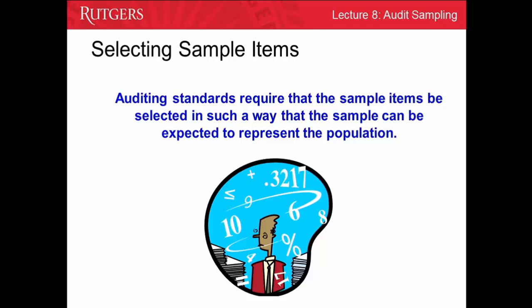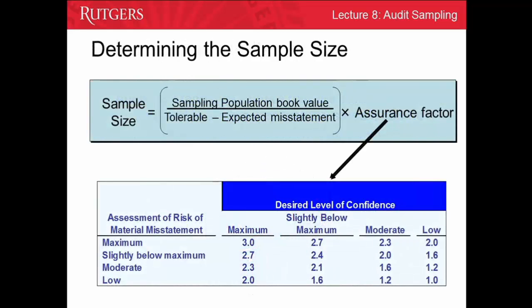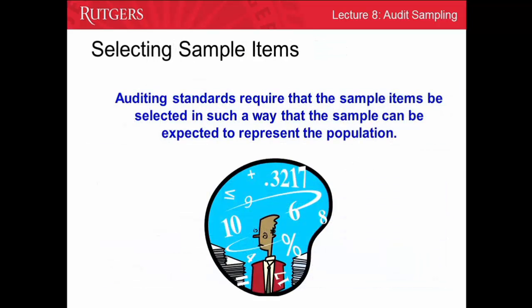When any form of audit sampling is used to gather evidence, auditing standards require that the sample items be selected in such a way that the sample can be expected to represent the population. Then let's take a look at selecting sample items.